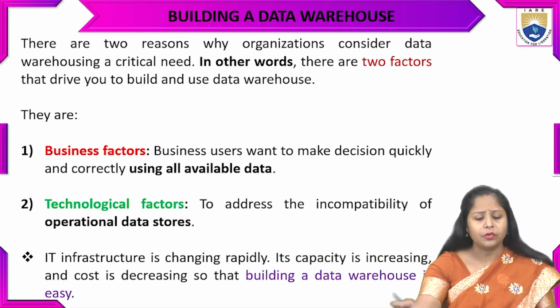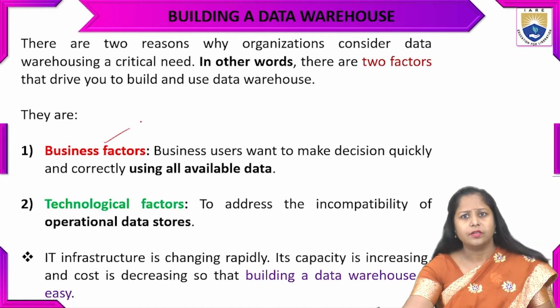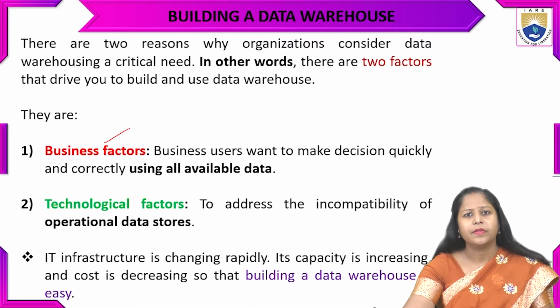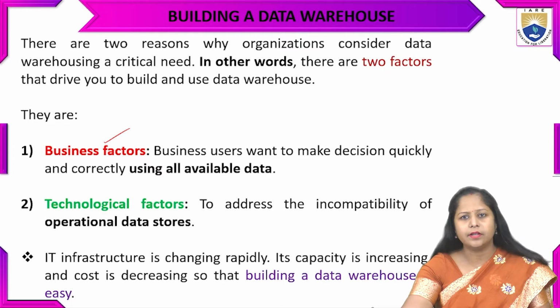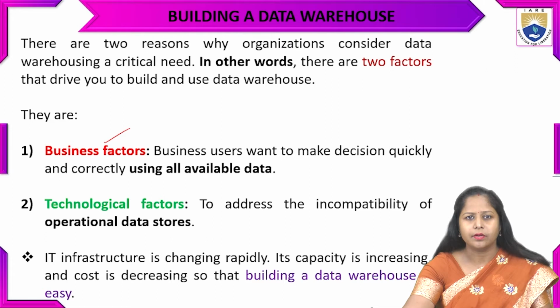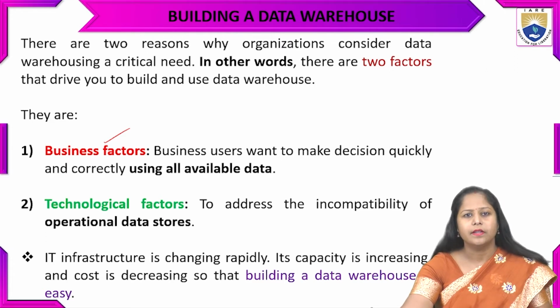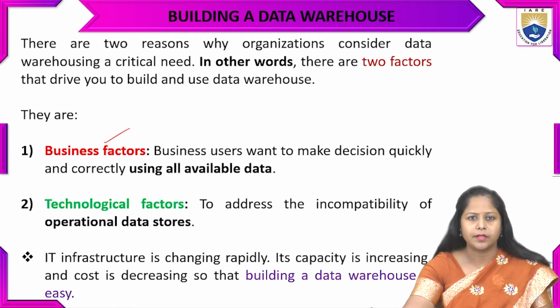So first is the business factor. What is the business factor actually? In that, business users want to make decisions quickly, right? Who will be the business users? They want the business at the top level, but for that they need to take some decisions.